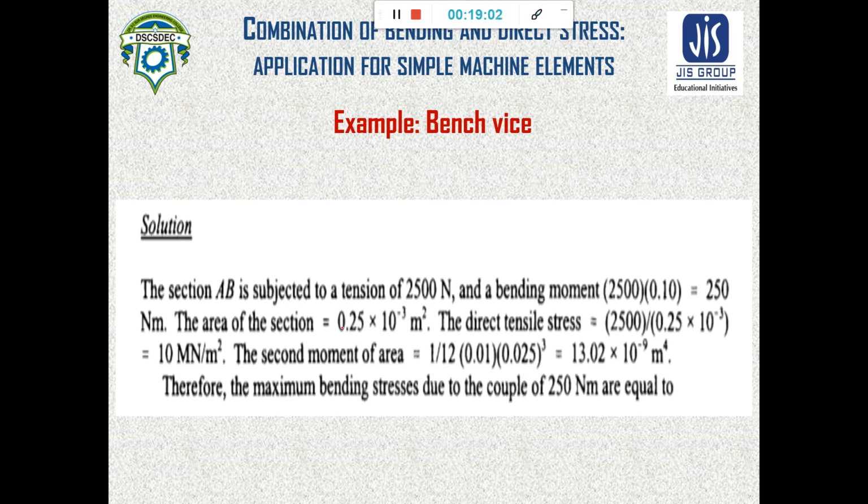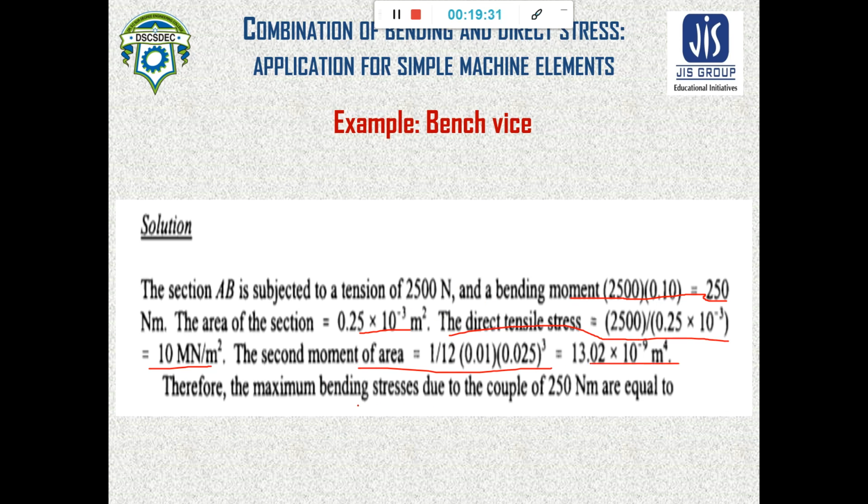And the bending moment, what will be the bending moment? M equals load into e, that is 10 centimeter, in meters, we can find 250 newton meter. And the direct tensile stress is found out, that is 10 meganewton per meter square, and the second moment, that is I, is also found out.